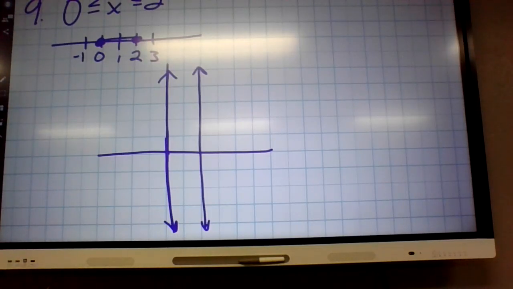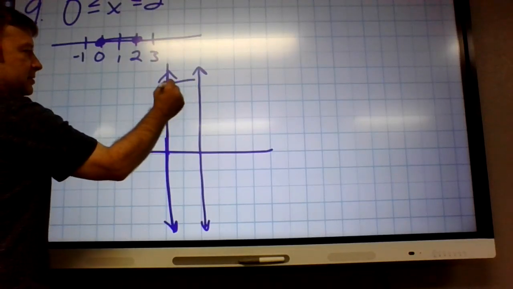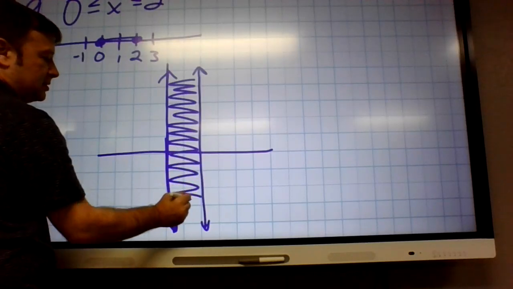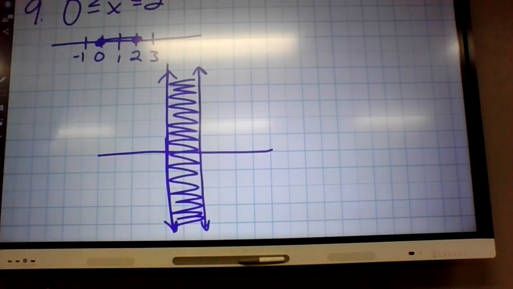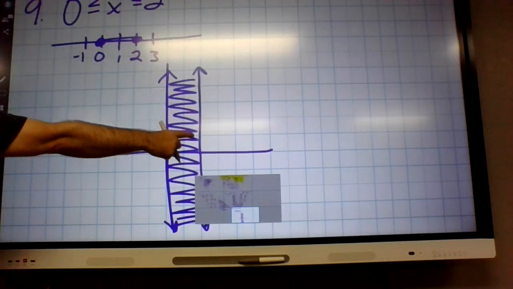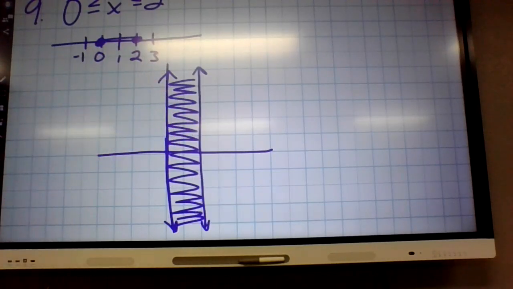And if we want the x values between those two, it would be all these. It goes the opposite way. So it's the same as this, but in 2D form instead of one-dimensional form. Does that make sense? Yes.